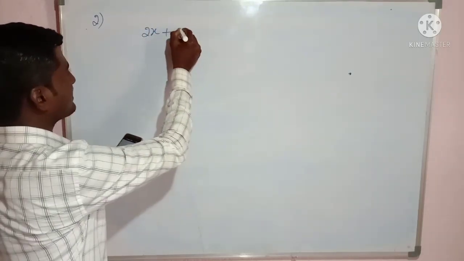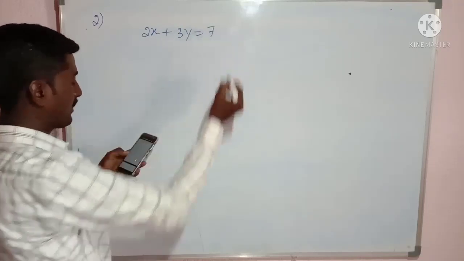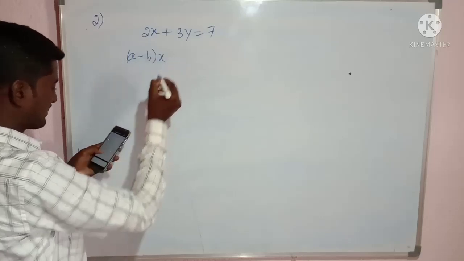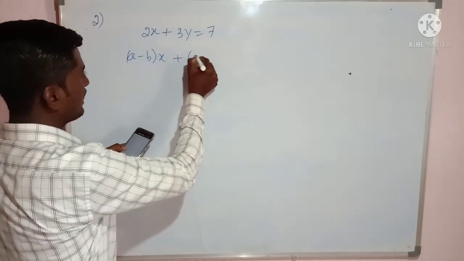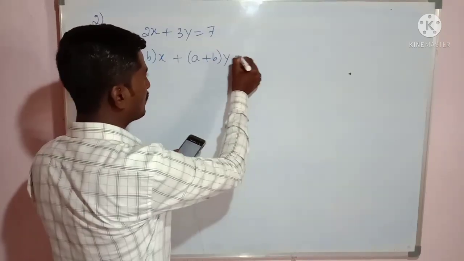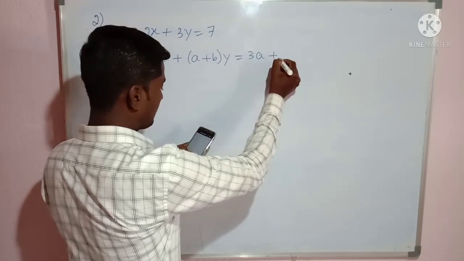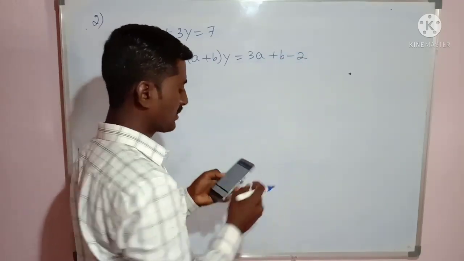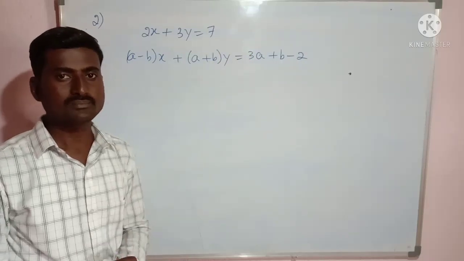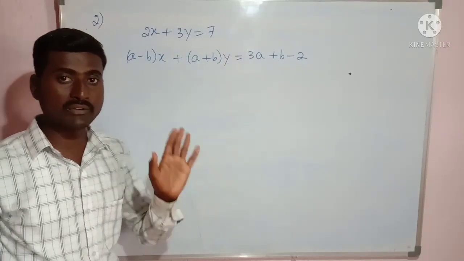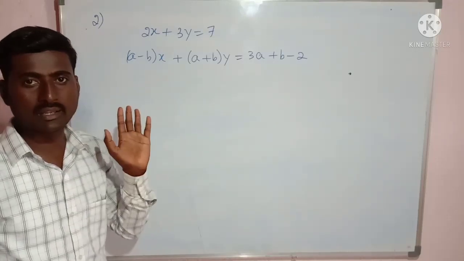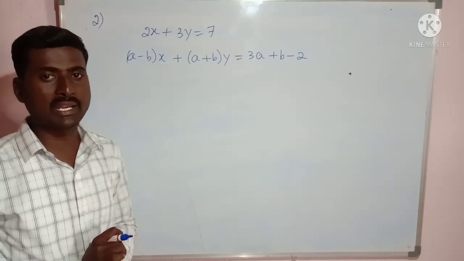The given equations are 2x plus 3y equal to 7, and one more equation, (a minus b)x plus (a plus b)y is equal to 3a plus b minus 2. Okay. So here they gave a pair of linear equations. These two equations have infinite number of solutions for what value of a and b? We have to find the values of a and b.